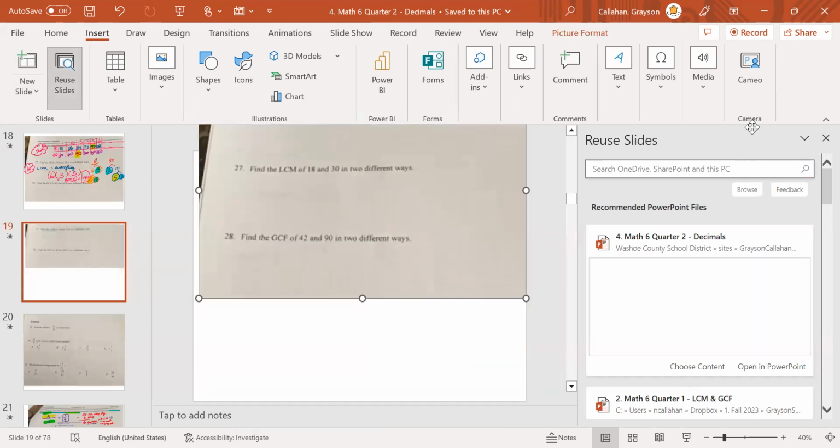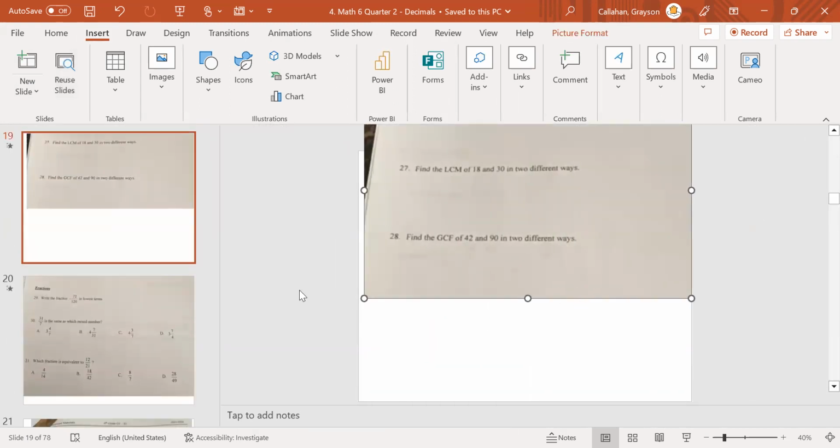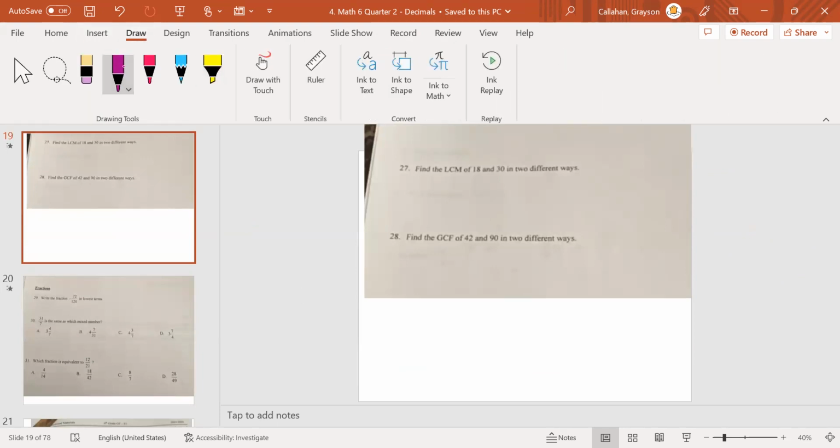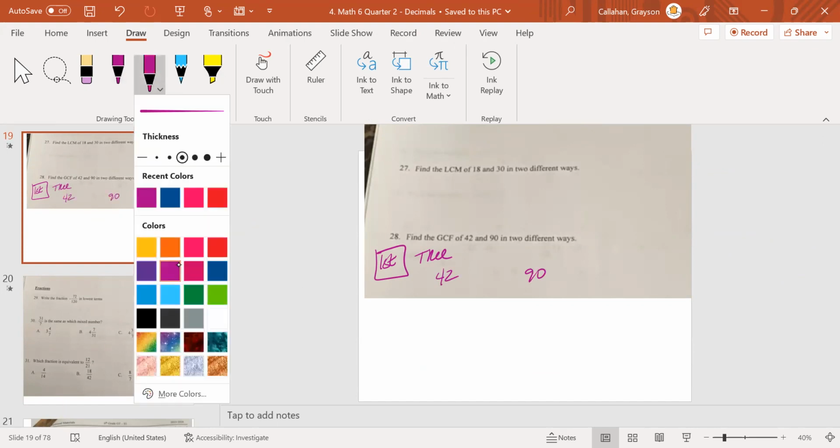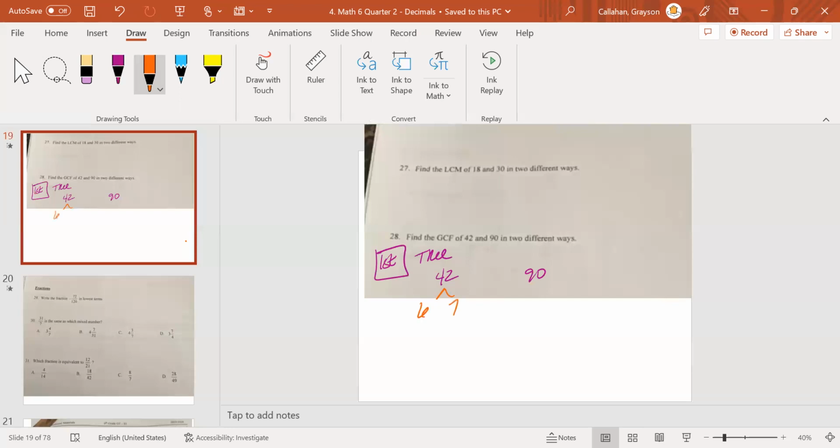Now let's take a look at number 28. For number 28, we're going to do the factorization, and they do it in 2 different ways, right? So let's do the first way with the tree, right? So 42 and then 90. So let's break it down. What times what gives me 42? I could do 6 and a 7, right? 2 and a 3.